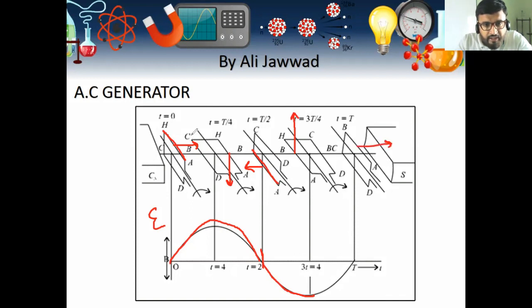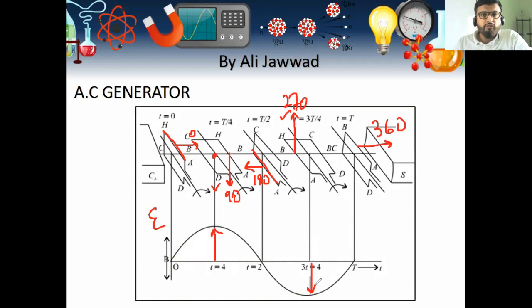So note that it's 0 degrees, then 90 degrees, then 180 degrees, then 270 degrees, and then 360 degrees. At position 2, the velocity vector was downward, and at position 4, the velocity vector was upward. So the graph is also telling the same thing, because for the first it is giving the positive current, while for the second it is giving the negative current, which actually shows the reversal of polarity, meaning the positive terminal will become negative and the negative terminal will become positive.